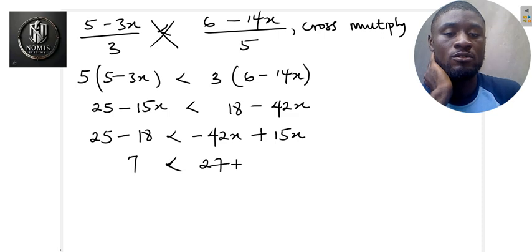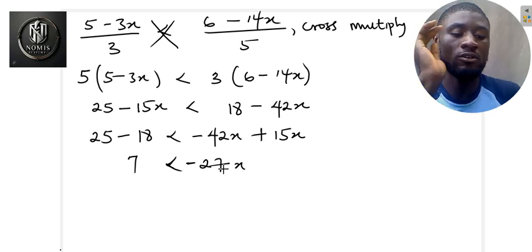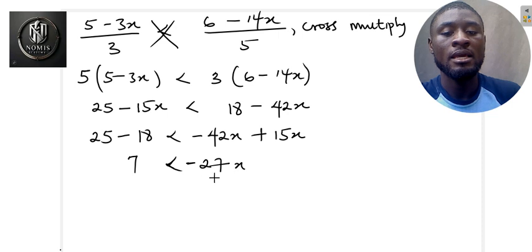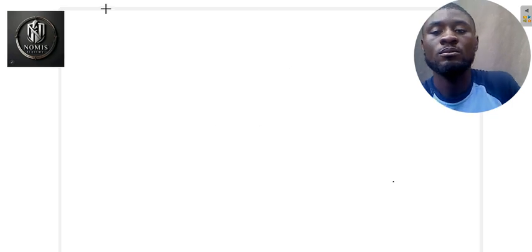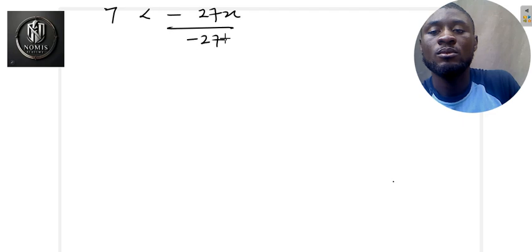So in this case, we have x, so that would now be minus 27x. Remember, you have to make x the subject of the formula. So what you do now is to divide both sides by minus 27. So from 7 less than minus 27x, we divide both sides by minus 27.